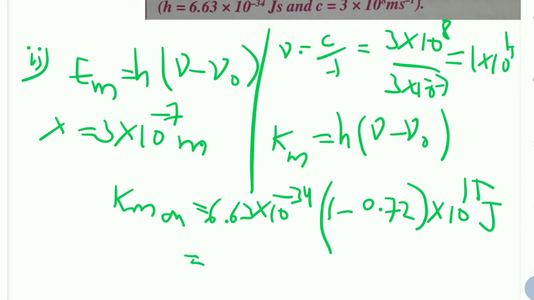After simplifying, we get 1.86 into 10 to the power of minus 19 joules. This is the maximum kinetic energy.